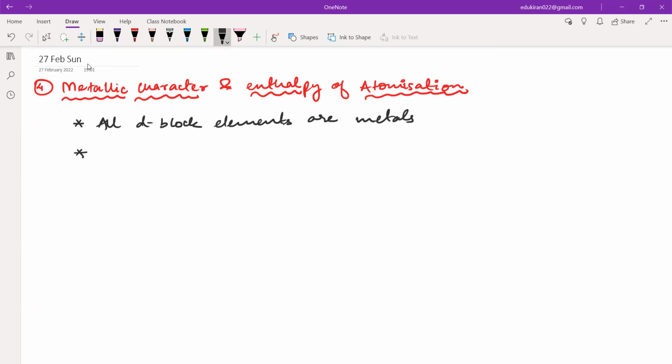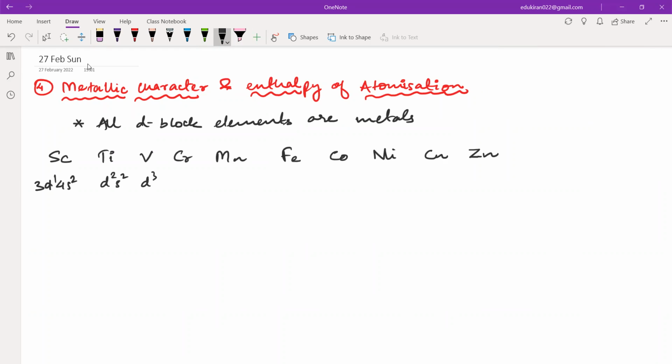So now when I look at the electrons, let me write the 3D series. We have Sc, Ti, V, Cr, Mn, Fe, Co, Ni, Cu, Zn. Scandium is 3d1 4s2. Titanium is d2s2.